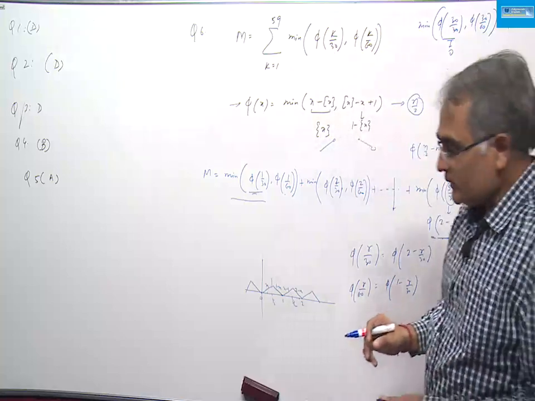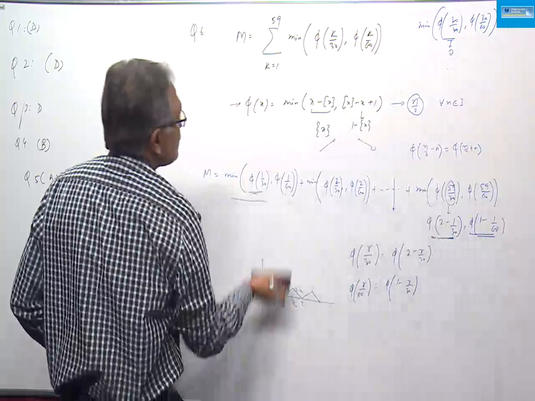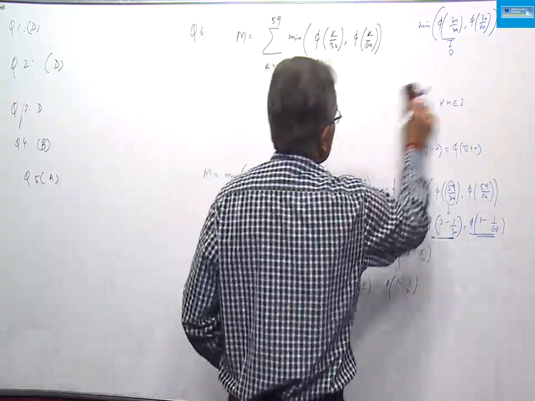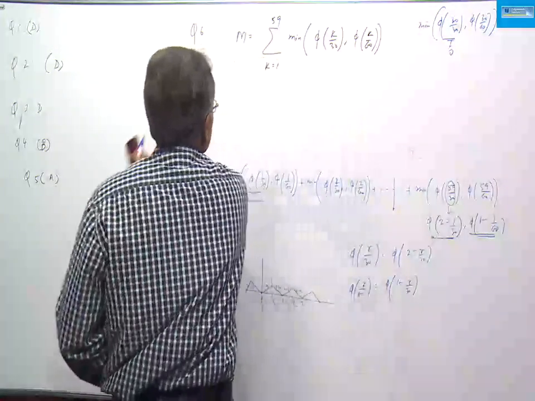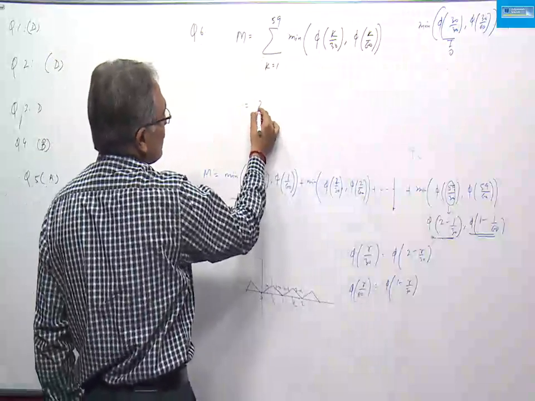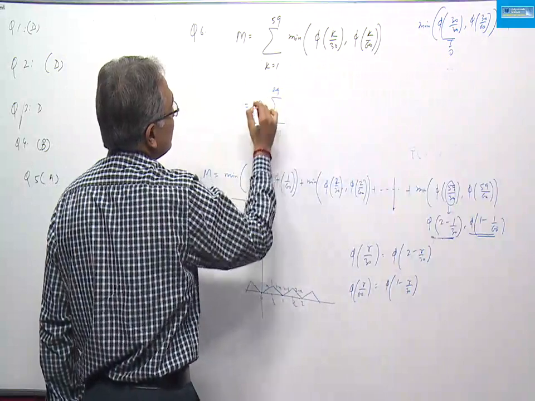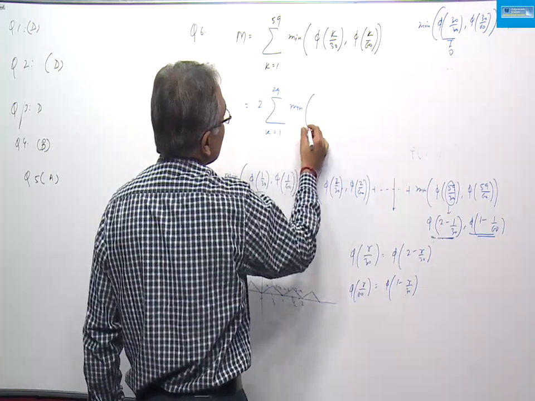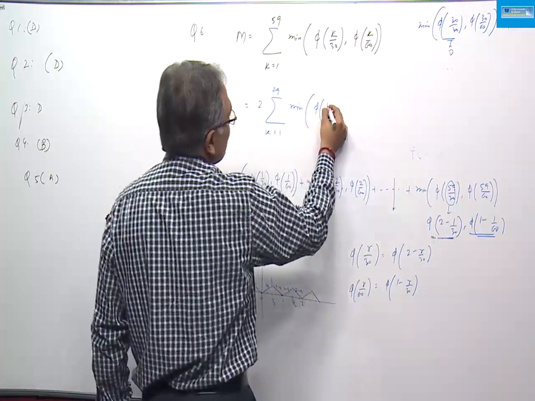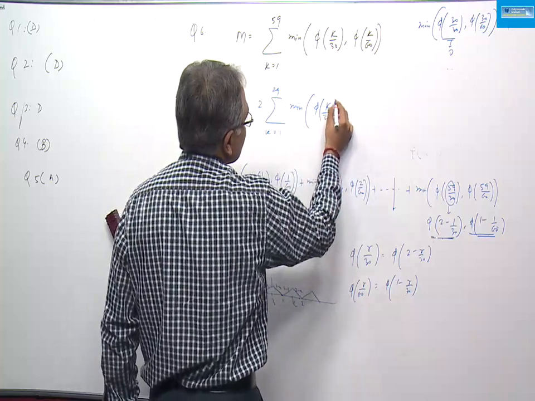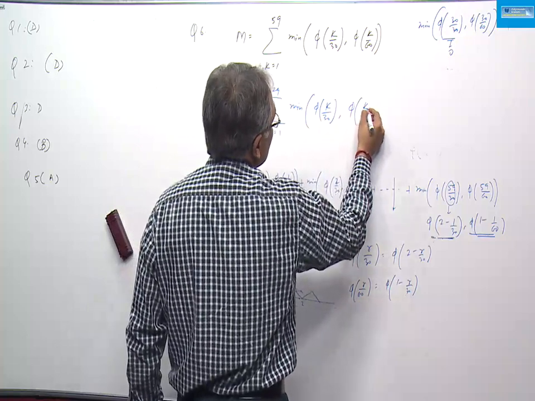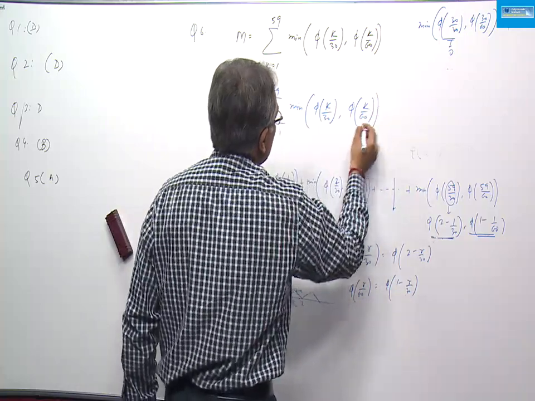That is, we are left with the first 29 terms, and let's double it. This will be equal to twice summation k varies from 1 to 29, minimum of phi of k by 30, comma phi of k by 60.